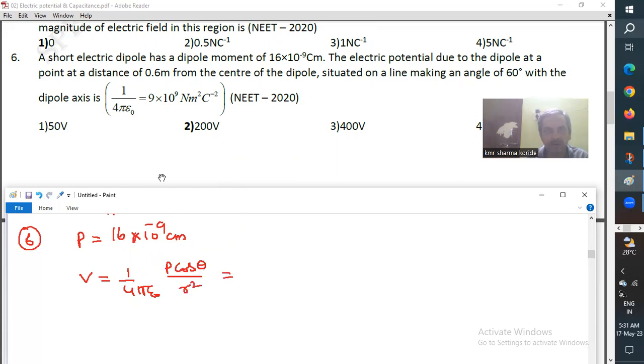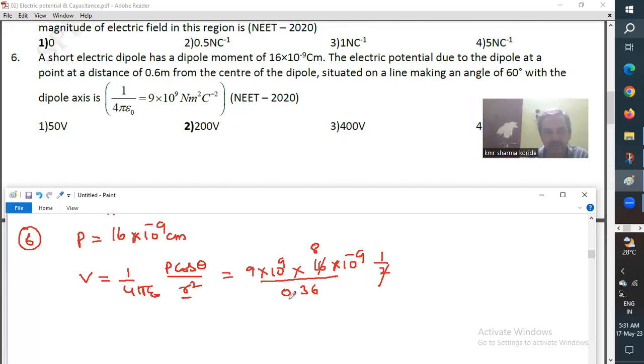Remember 1 by 4 pi epsilon naught is 10 to the power of 9 and dipole moment is 16 into 10 to the power of -9. Cos 60 is 1 by 2, divided by the distance. Distance is 0.6, but there is a squaring, so it is 0.36. Simplify this. This is 8 times.